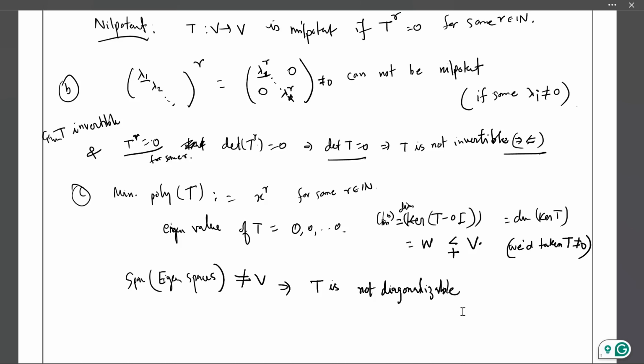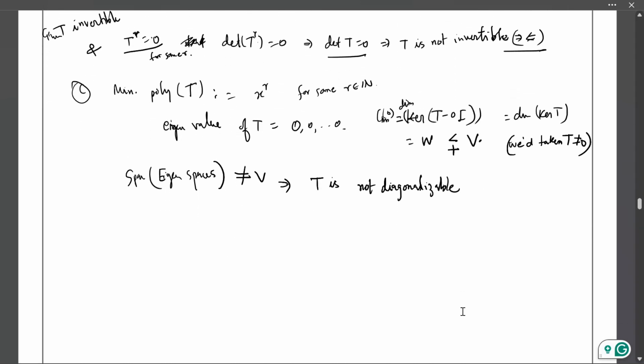Then the left-hand side becomes 0 and the right-hand side becomes P inverse D to the power r P. If this becomes 0, this implies D to the power r is 0, and this implies D itself is 0. So the operator T is 0.